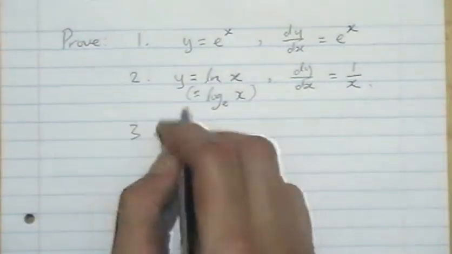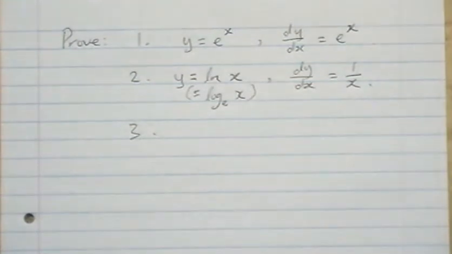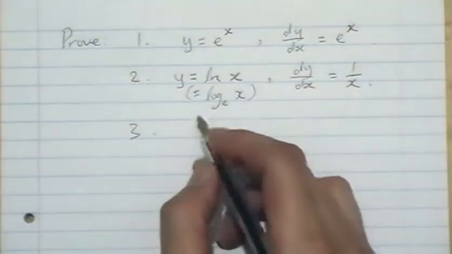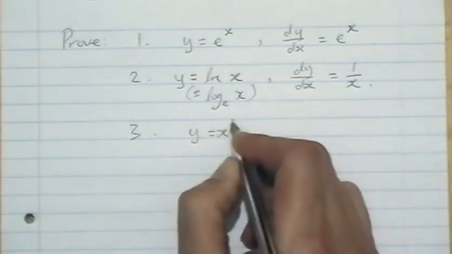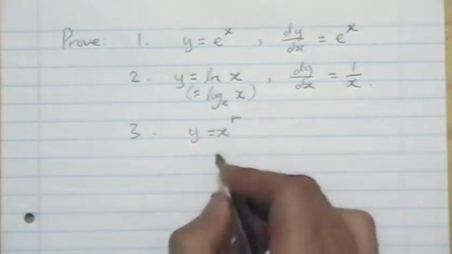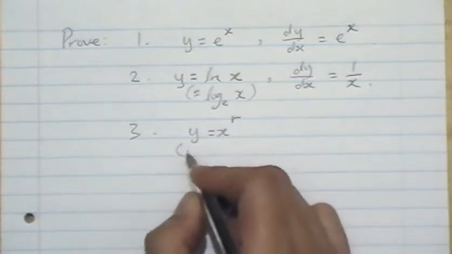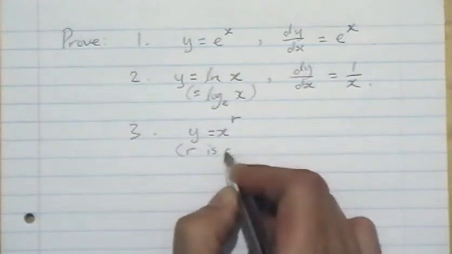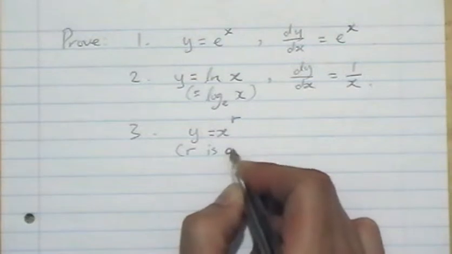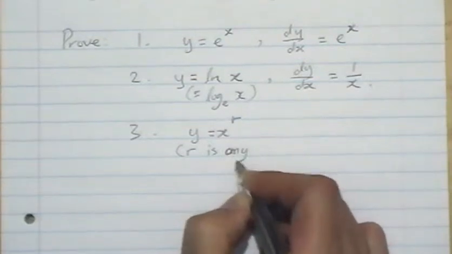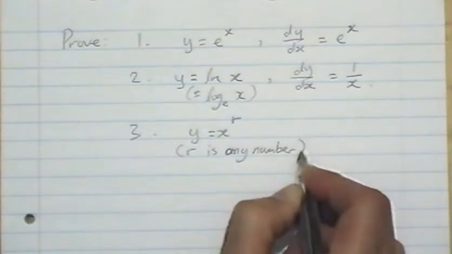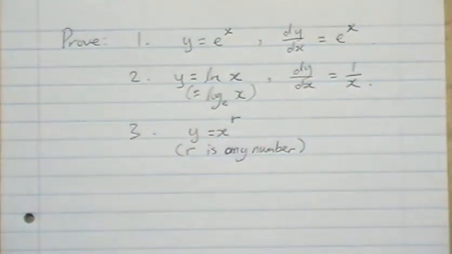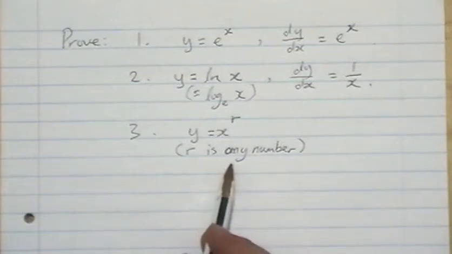And number three, I want to prove that if y equals x to the power r, where r is any number, meaning it doesn't have to be a whole number. It can be any fraction, for example.